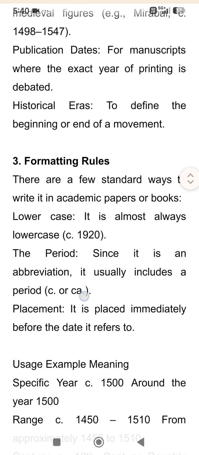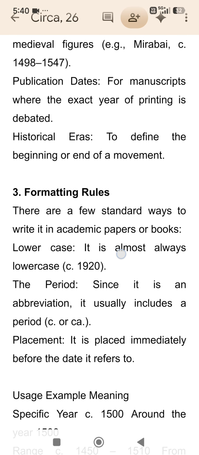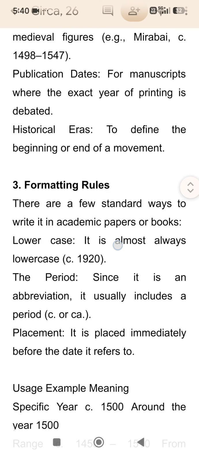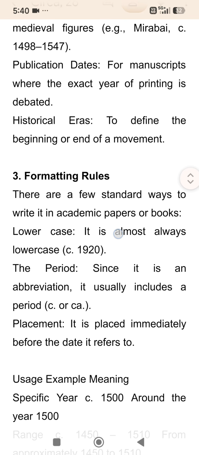But the duration we can fix between 1498 and 1547. In between she was born, so we use C for circa. Here in the top line you can see C 1498.